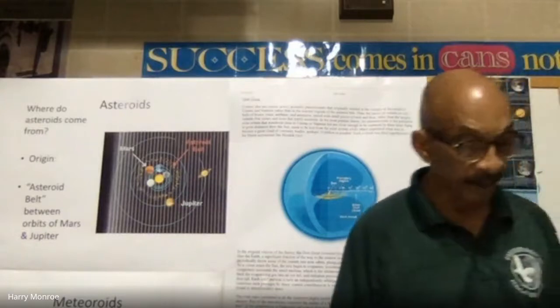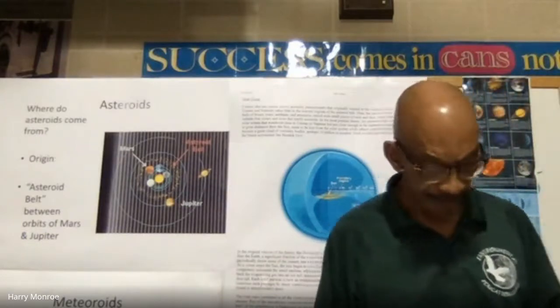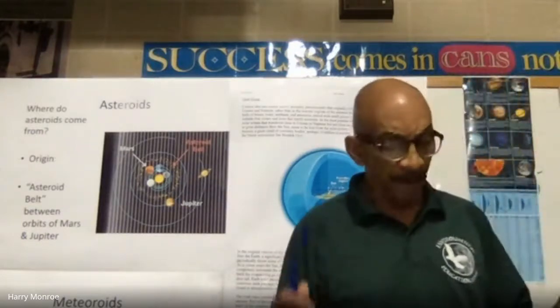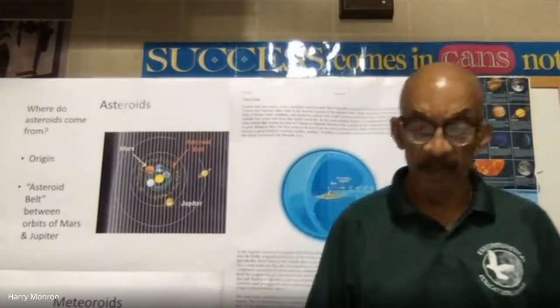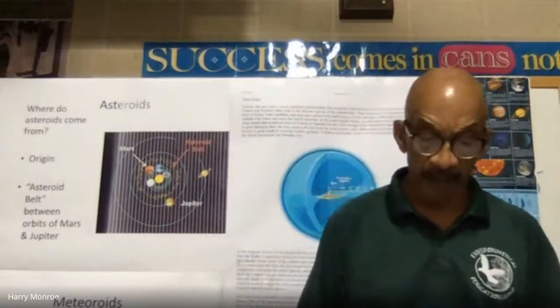Now, when we look at the size of comets, they're about the size of a mountain without their tail. Tails can be as long as, you're not going to believe this, 100 million kilometers, okay? The composition of comets is ice, dust, and small rocky particles.